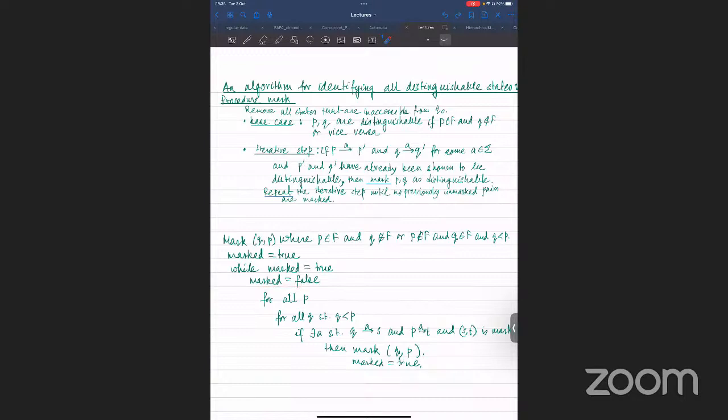Correct? So can you say why is it the case? Do you think that this mark procedure will always terminate? Or do you think that there can be a case in which the mark procedure is not going to terminate?